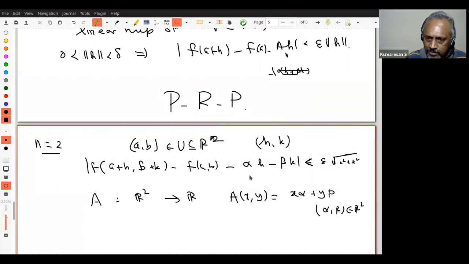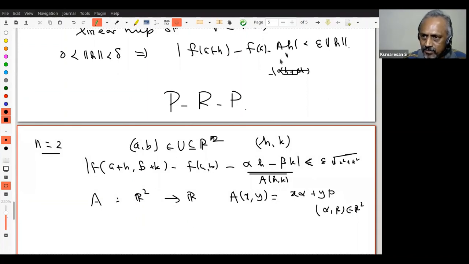Therefore, this is nothing other than A acting on the vector (H, K). What is the linear map? A of (H, K) is H alpha plus K beta. How many of you appreciate this? We have not done anything. There I thought of it as a first degree polynomial. Here I am thinking of it as a linear map.